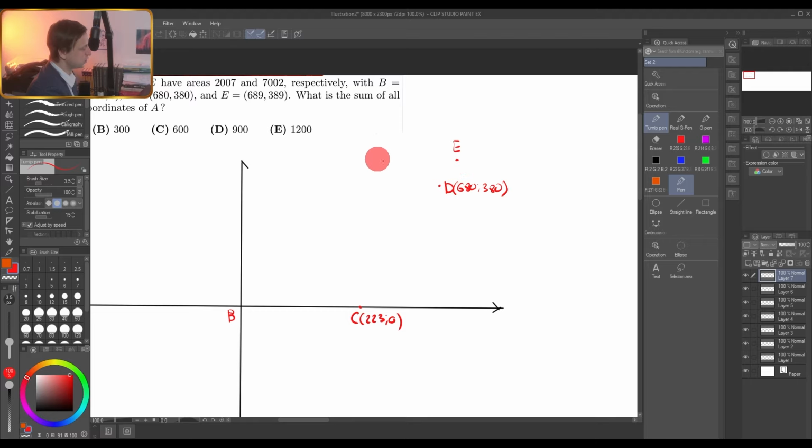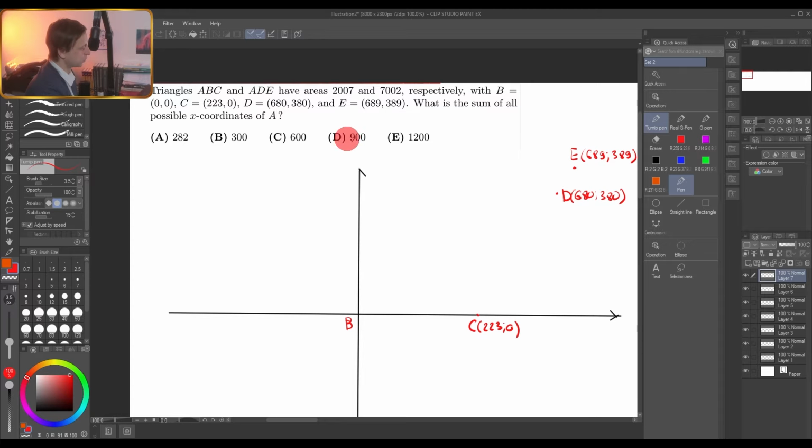You see, E is pretty close to D, so we need to mark it on the picture. And no one tells you here what are the coordinates of the point A, right? So you don't know. The only thing you know is that this triangle ABC has an area of 2007, and another triangle ADE has the area of 7002.